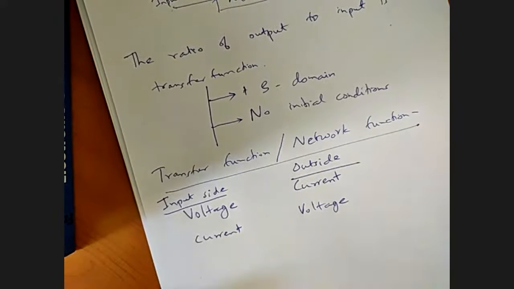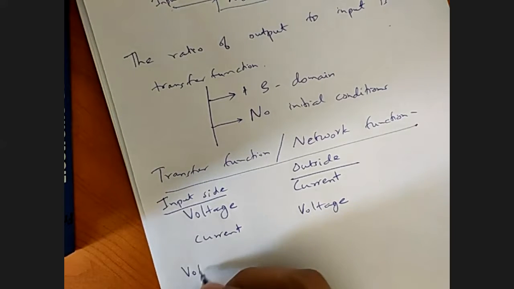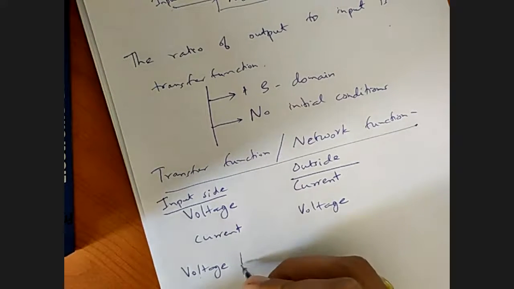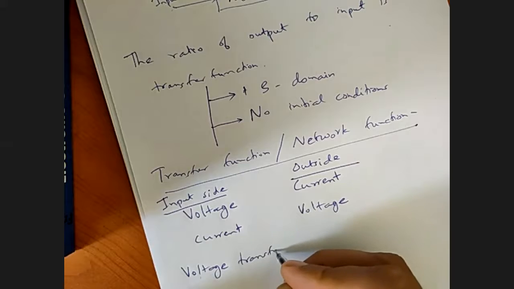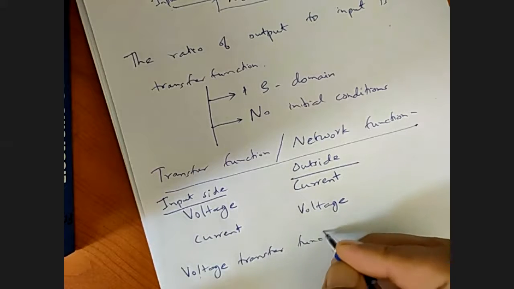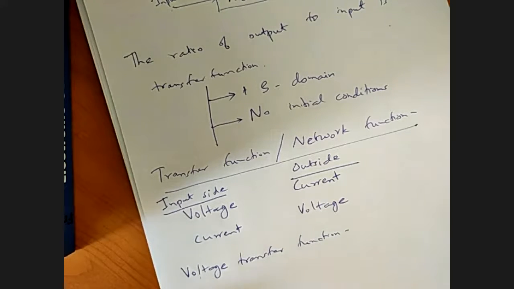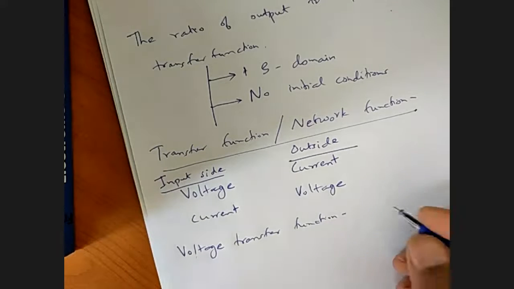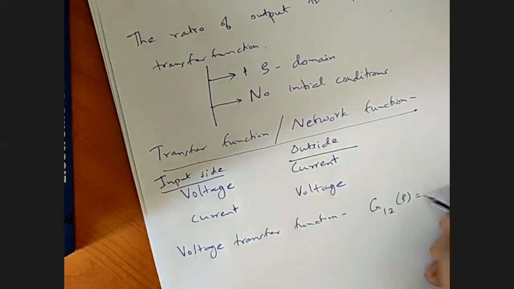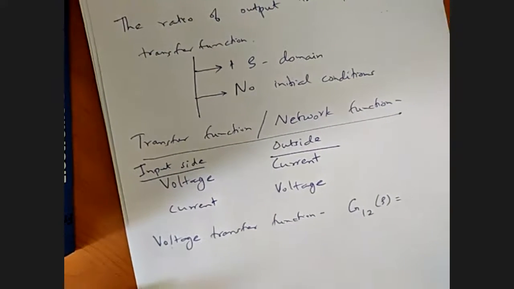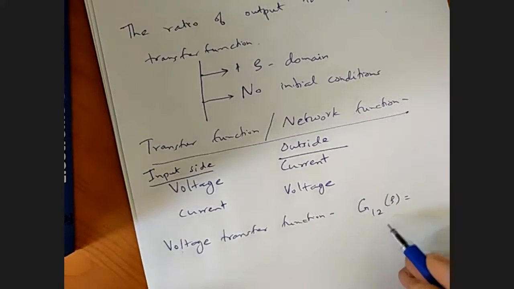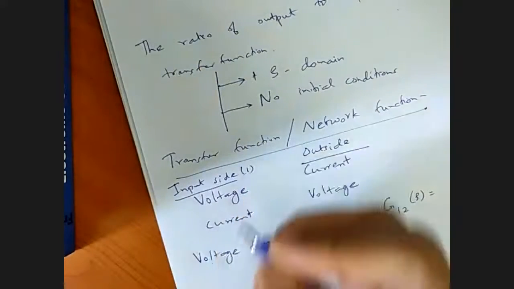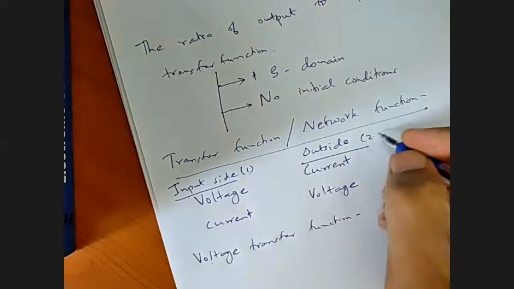So transfer function can be a voltage transfer function. That means we are talking about both the voltages. Generally it is referred to as G12(S). One and two: we will write one for the input side and two for the output side.